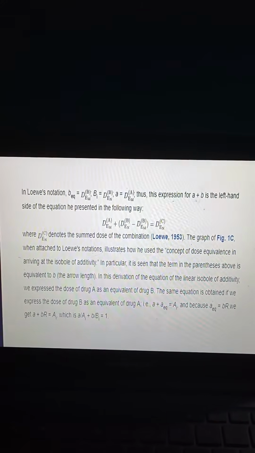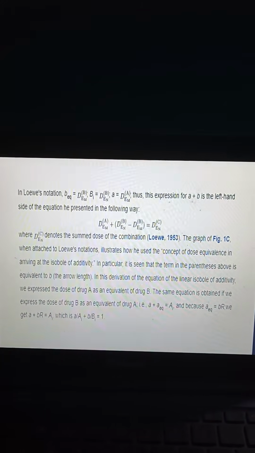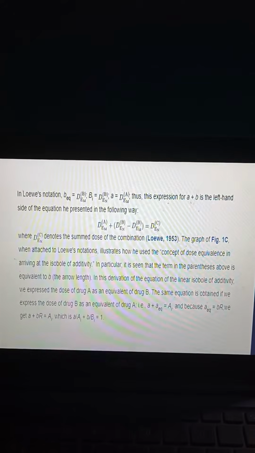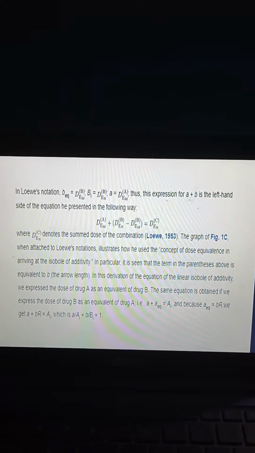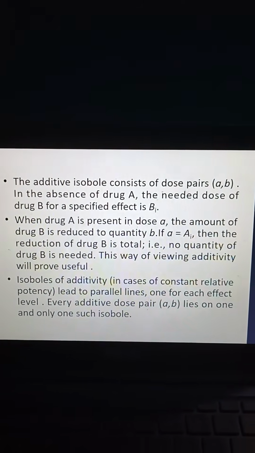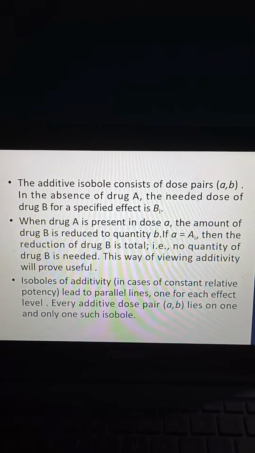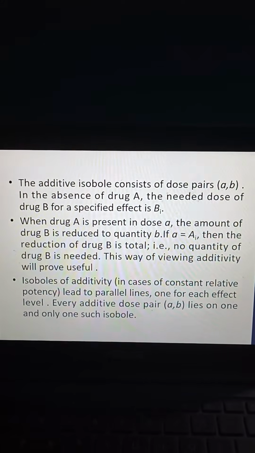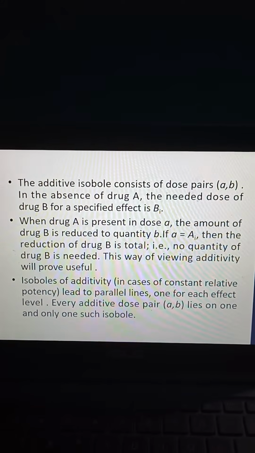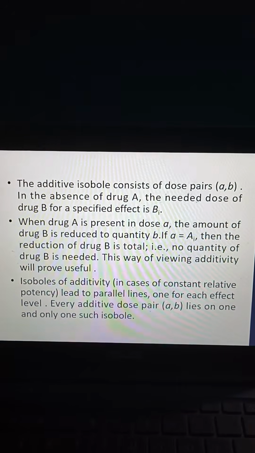So this is quite difficult to understand, and you can go through different articles to learn more about this. The additive isobol consists of dose pairs (a, b). In the absence of drug A, the needed dose of drug B for a specified effect is B_I.